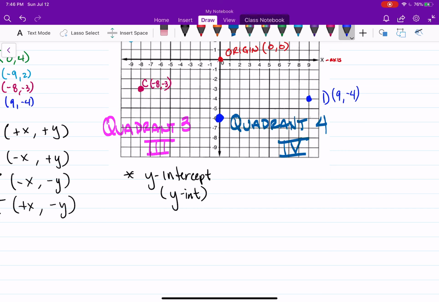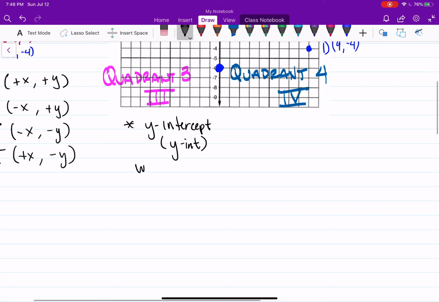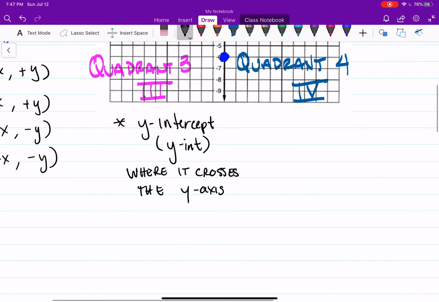Why is it called a Y-intercept? Because it's where it crosses the Y-axis. Okay, I know, very creative name.